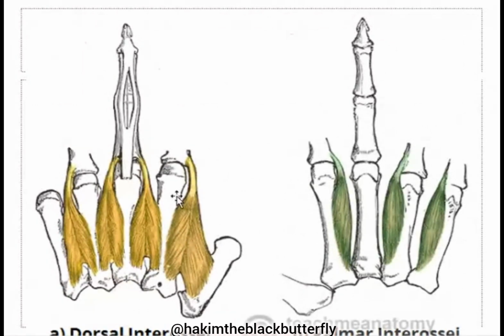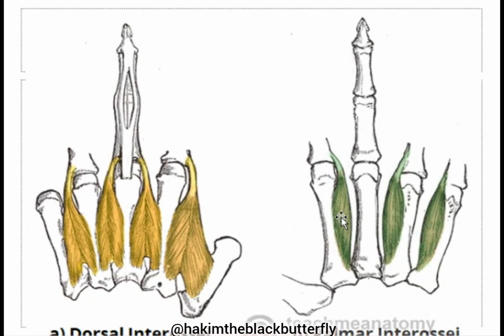Interosseous muscles are in between the metacarpals. You can see these are metacarpals. In between them we have these muscles known as interosseous muscles. And we have two types of interosseous muscles. The ones at the back known as the dorsal interosseous, and the ones at the front known as the palmar interosseous.